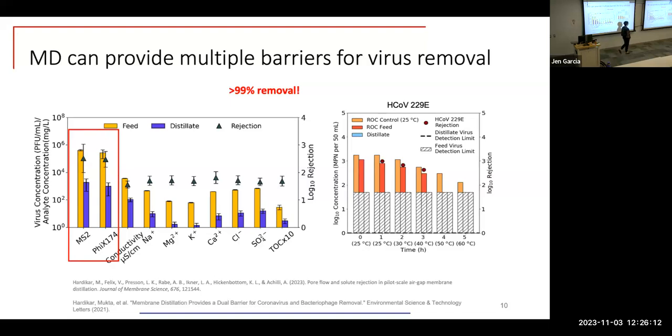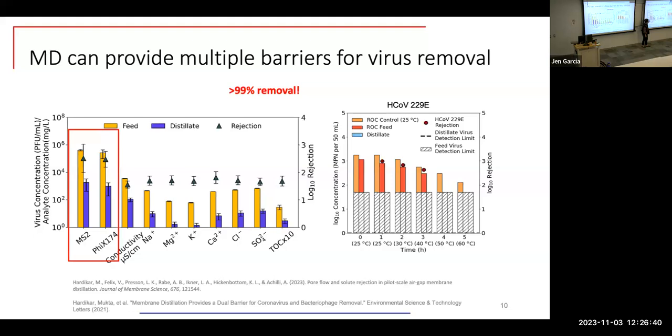So here we have our different virus concentrations, and what I'll focus on mainly is our log rejection for different contaminants. MS2 and Phi-X are two commonly used enteric viruses that are used as surrogates for other viruses in our water. We looked at this process for recovering water from municipal wastewater concentrate from an advanced water reuse treatment train.